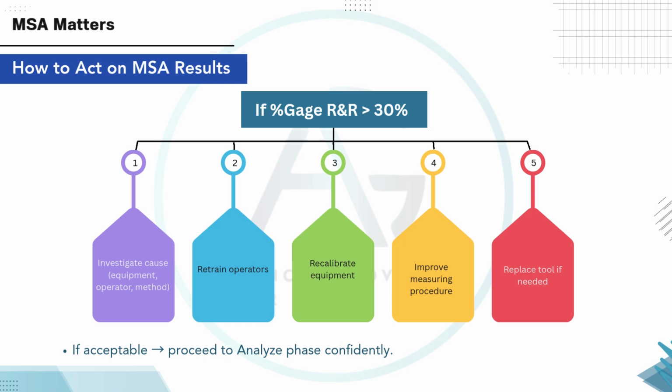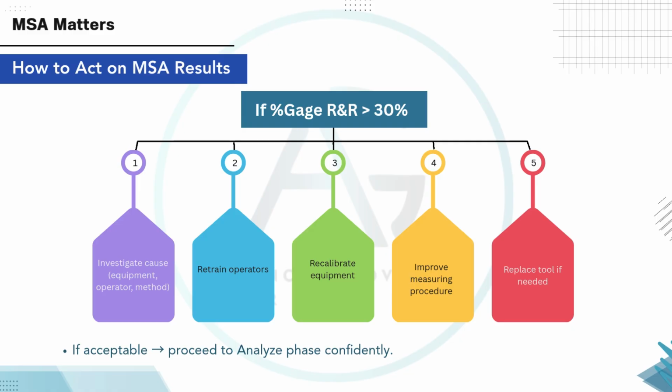2. Retrain operators. Sometimes measurement error stems from inconsistent technique. Ensuring all operators are well trained and following the same procedures can reduce variation. 3. Recalibrate the equipment. Calibration drift can cause serious measurement errors.